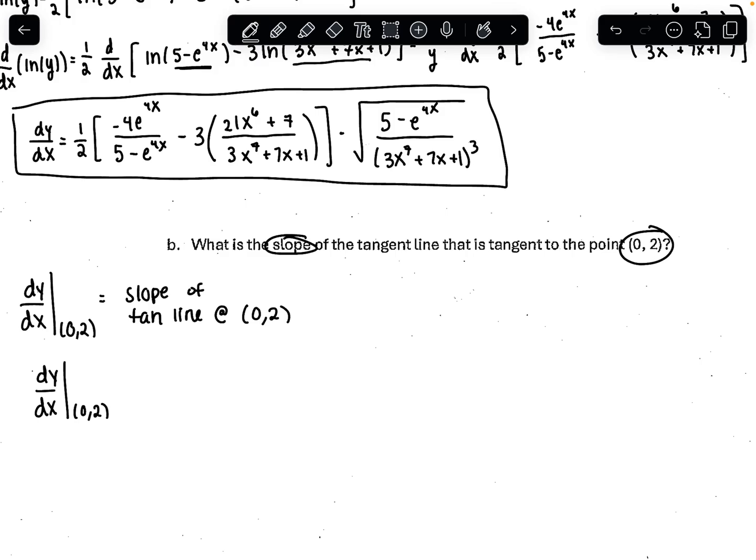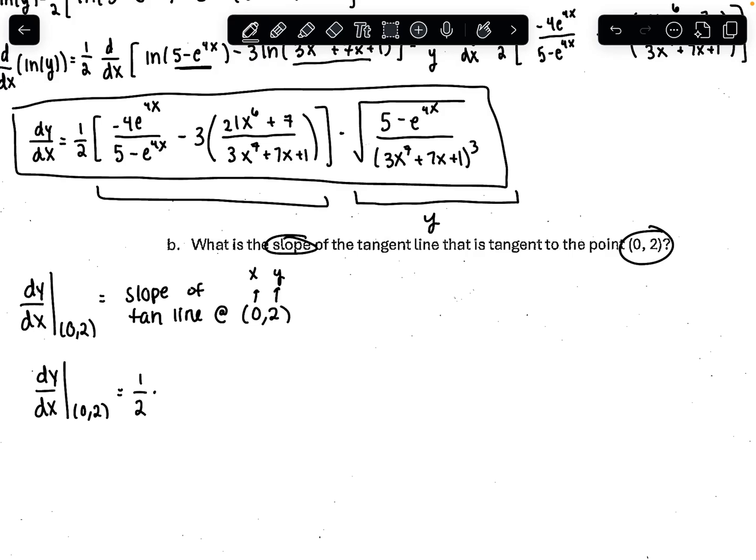Let's think about this real quick. This is x, and this is y. This whole piece is y. So y is 2. So we're going to have 1/2 times this guy with 0 plugged in.